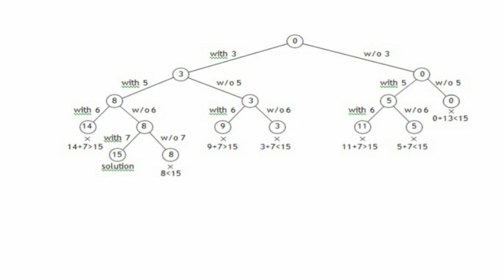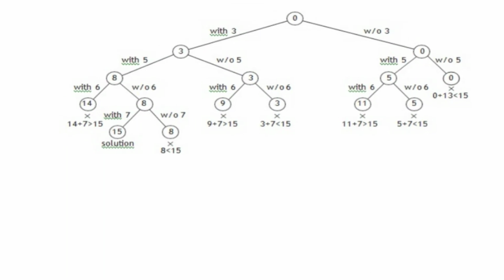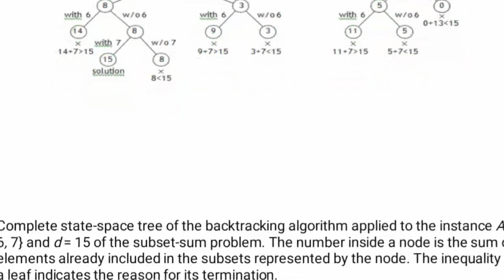Then the next element is 6. With 6, the sum will be 8 plus 6, 14. Then the next element is 7. 14 plus 7 is 21, which is greater than 15, which leads to a dead end.